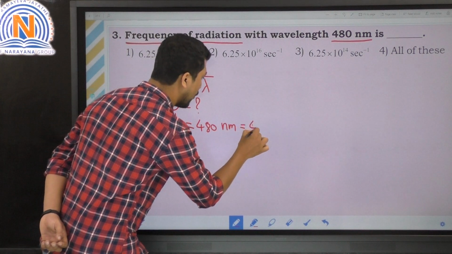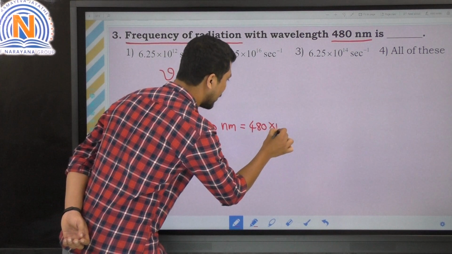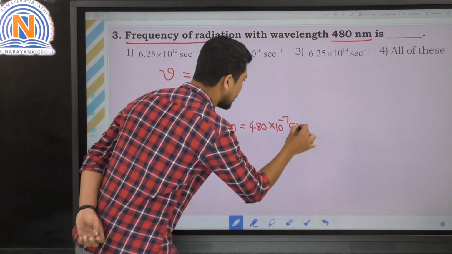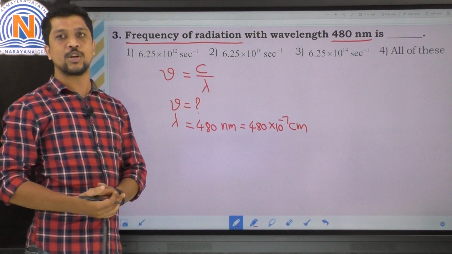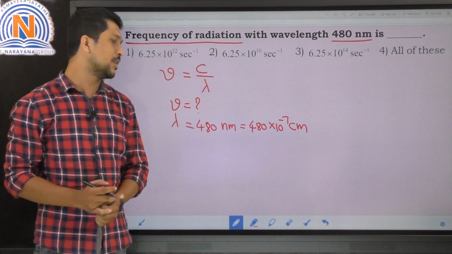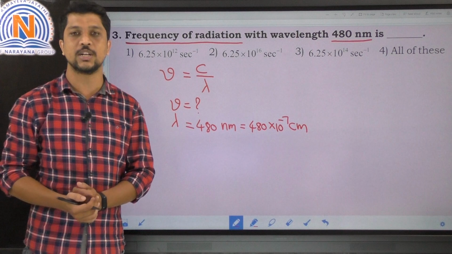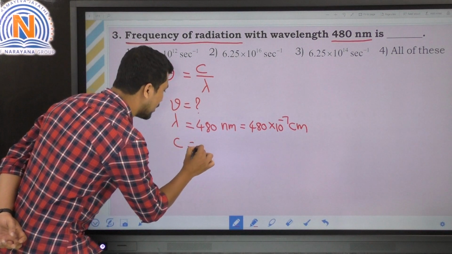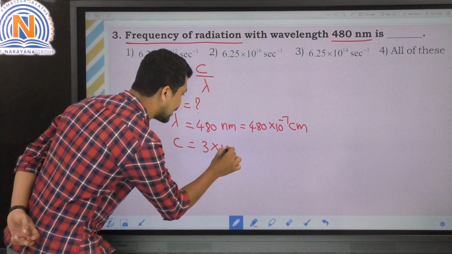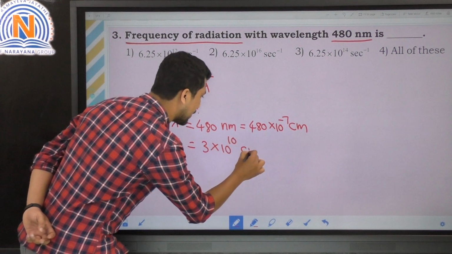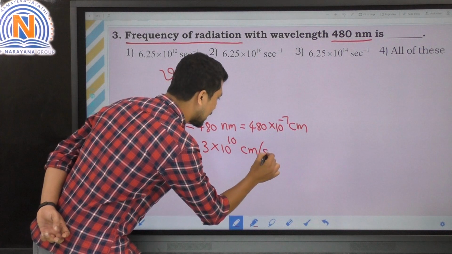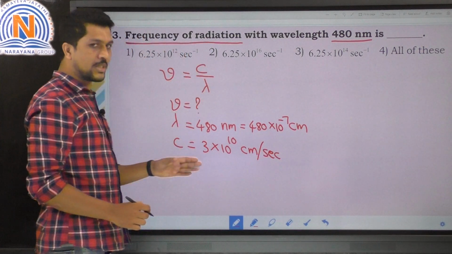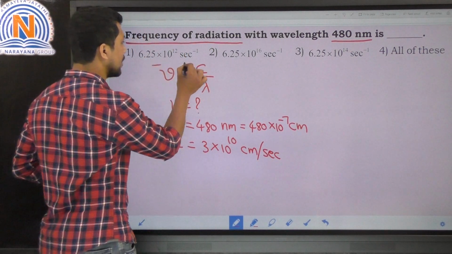Which is equal to 480 into 10 power minus 7 centimeters. We know that 1 nanometer equals 10 power minus 7 centimeter. So 480 nanometers equals 480 into 10 power minus 7 centimeters. And c is the speed of light, which is 3 into 10 power 10 centimeter per second. Now substitute these values in the frequency formula.